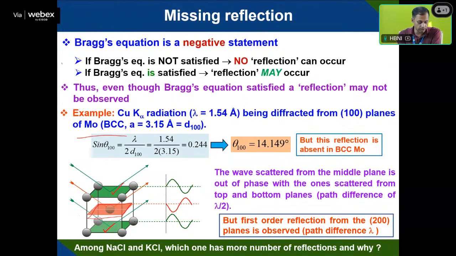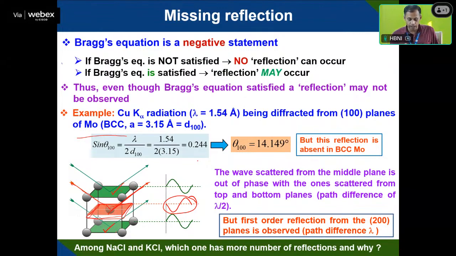And you can see here that the X-ray diffracting from this plane, the wave scattered from the middle plane, is out of phase with the top and bottom planes. So instead of a phase difference of lambda here, you can see this is out of phase. Instead of lambda, it is lambda by 2. That means for this particular plane we are not able to see the X-ray diffraction pattern, because the wave scattered from the middle plane is out of phase.